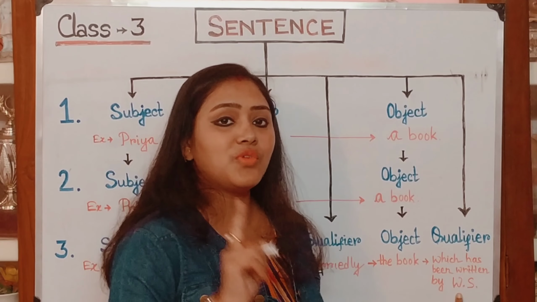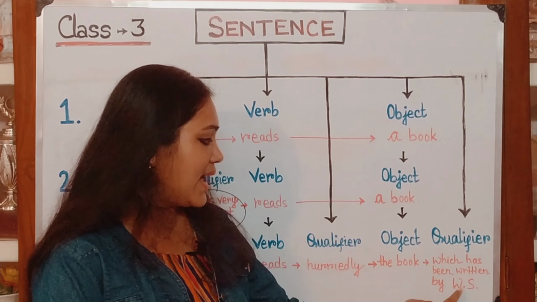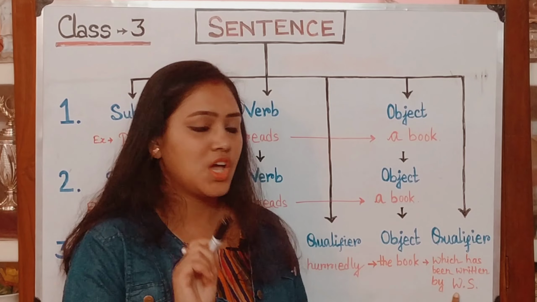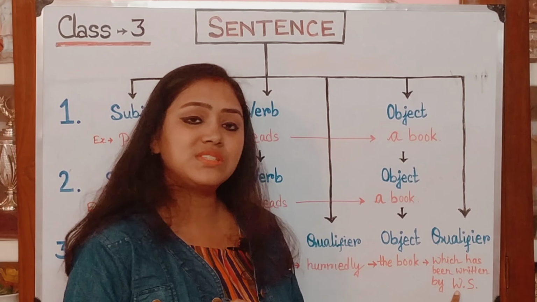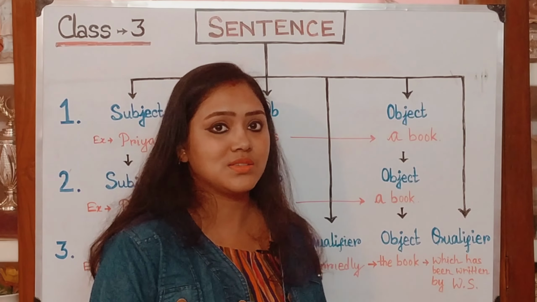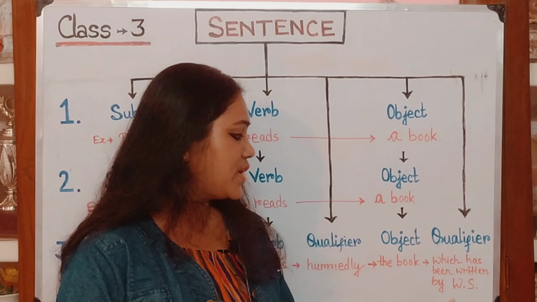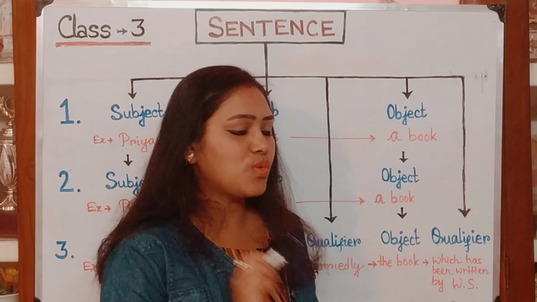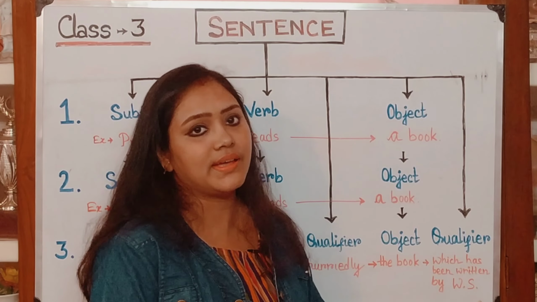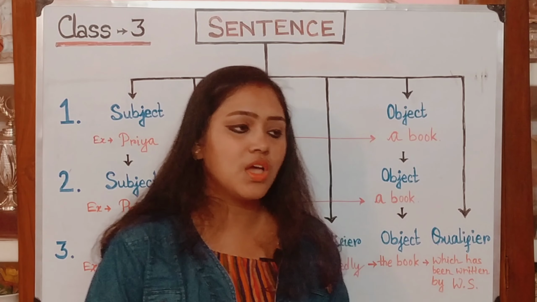Here I want to say something. I have used the initials of William's W and Shakespeare's S because of space. I don't have enough space here and that's why I used W and S as initials.